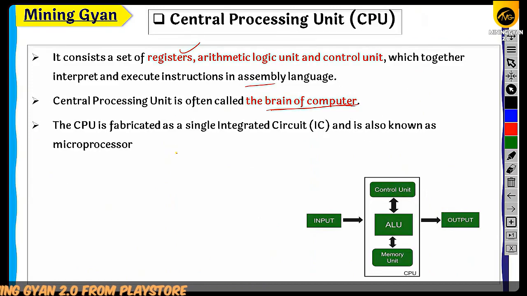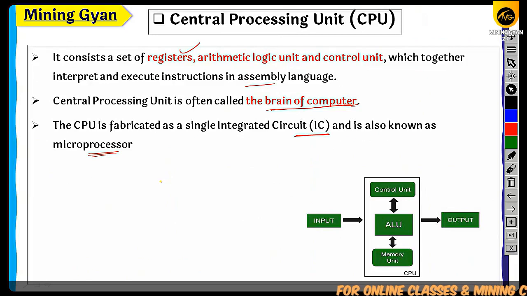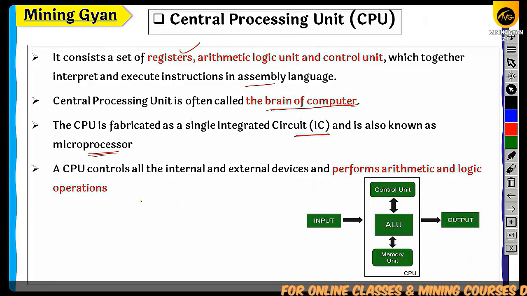The CPU is fabricated as a single integrated circuit and is also known as the microprocessor. So CPU जो है fabrication होता है किसमें, एक single chip होता है, that is called the microprocessor based integrated circuits. Okay, the CPU controls all the internal and external devices and performs arithmetic and logical operations.